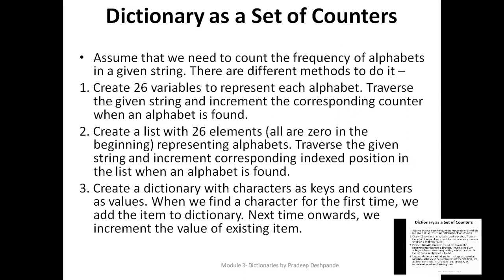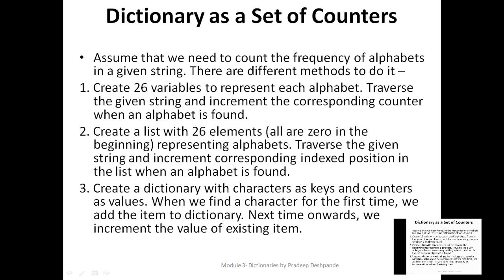One example is here. We are creating 26 variables to represent each alphabet, that is A, B, C, D up to Z. Traverse the given string and increment the corresponding counter when an alphabet is found.